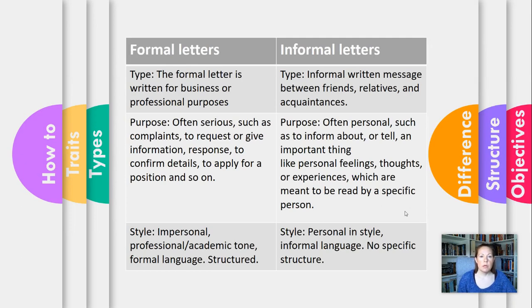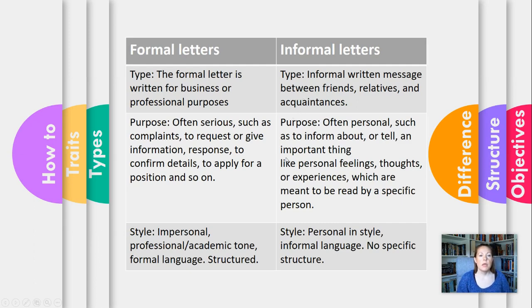So we have mainly two types of letters. The first one is the formal letter, which is usually written for business or professional purposes. This is in contrast to the informal letters, which are usually written messages between friends, relatives, and acquaintances.